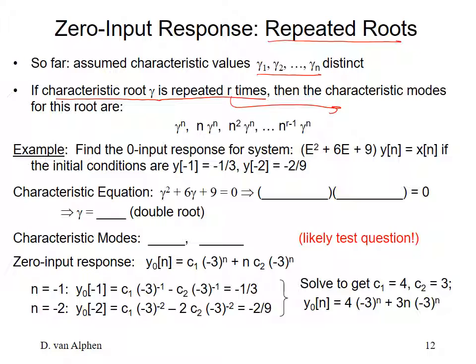So that means in our case, we're going to take the characteristic modes. The first one is going to be gamma to the n, as it was before. The next one is n times gamma to the n, since r is equal to 2 in our case.